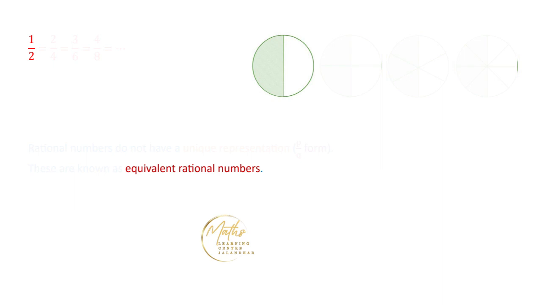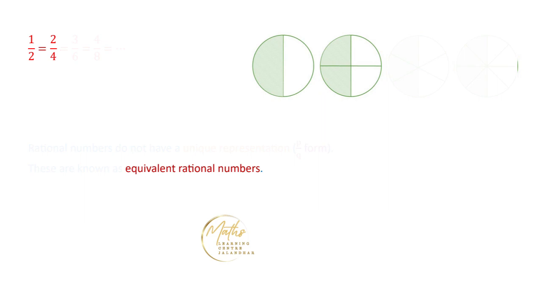Next, suppose in place of dividing this circle in these two parts, we have divided the circle in 4 parts, 1, 2, 3, 4 parts, and we are considering 2 of these parts. So what will this represent? This will represent a number. We are saying it will represent 3 by 4.